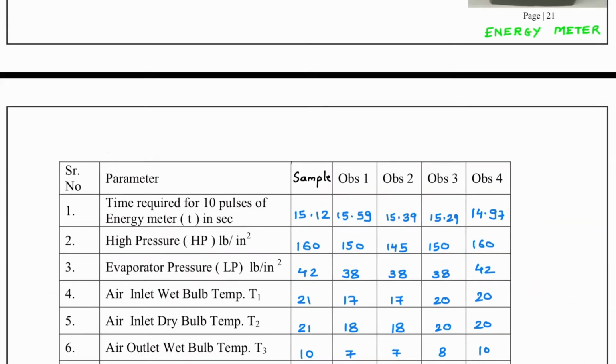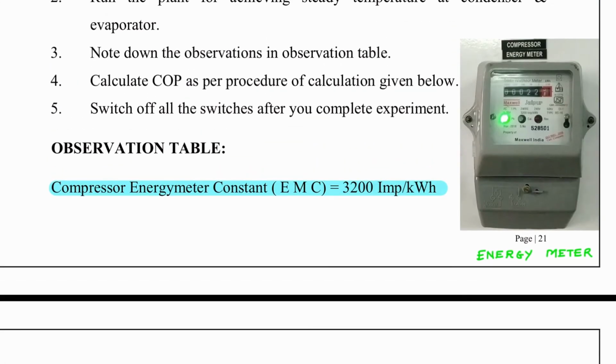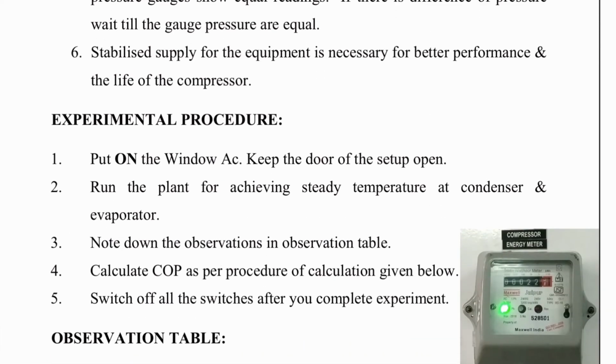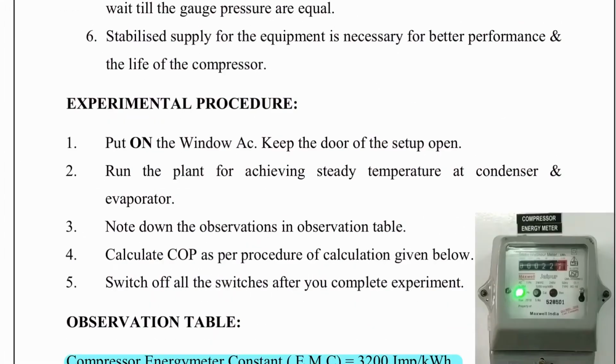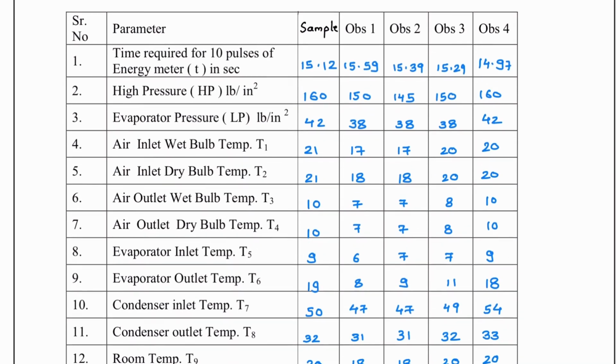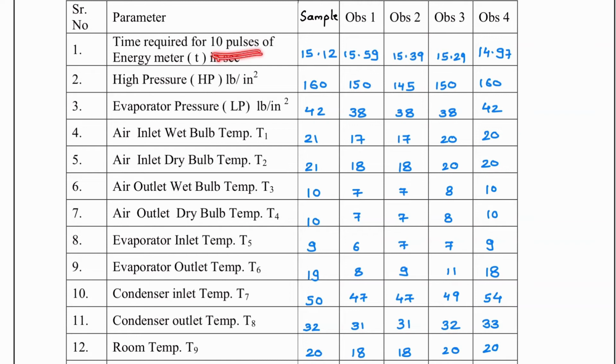So here see the photo of the energy meter. We took this energy meter and there we measured, for 10 blinks, 10 impulses, what is the time required. If you see the time in the observation table, the time for 10 pulses is 15.12 seconds.